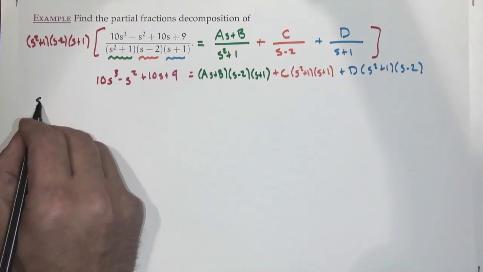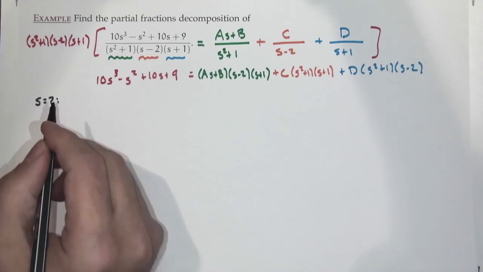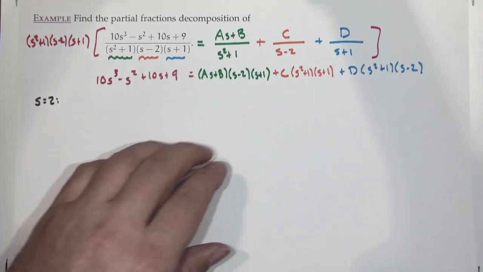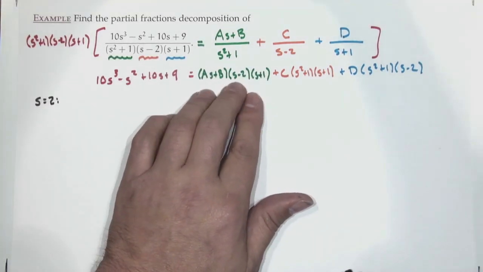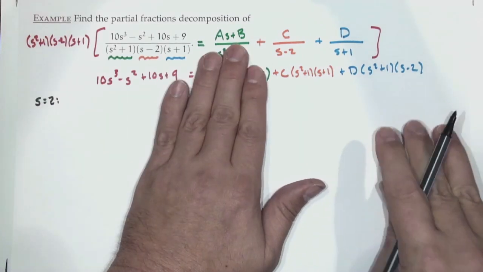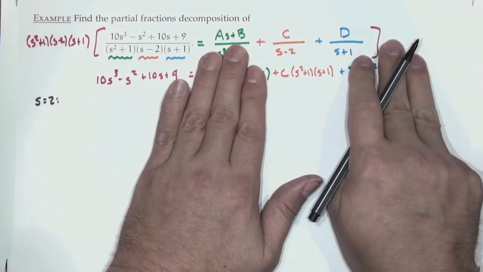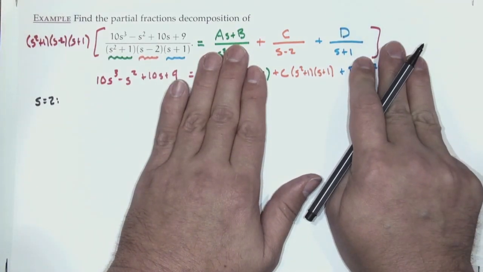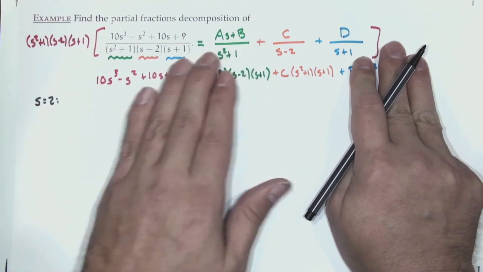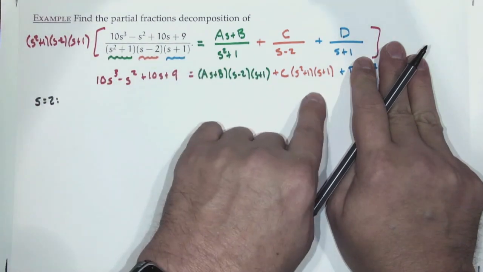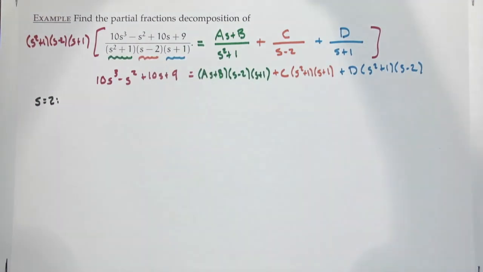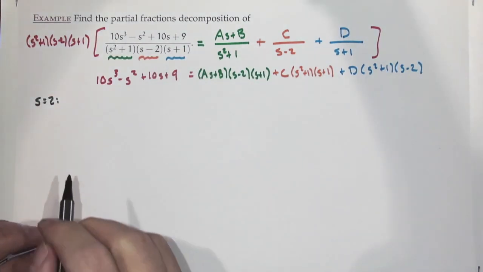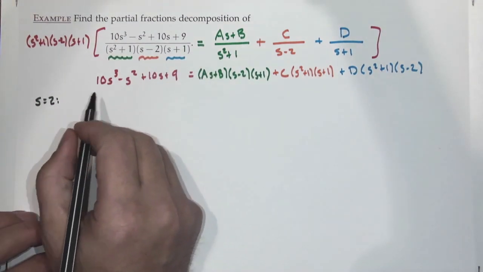Okay, someone has suggested that 2 is a good choice. Now, why is 2 a great choice? Well, what happens to the first term? 0. What happens to this last term? 0. So when we plug in 2, there's the term here and the term there that vanish, which makes things a lot easier. Other than we have big numbers here, but that's okay. We're not intimidated by big numbers.